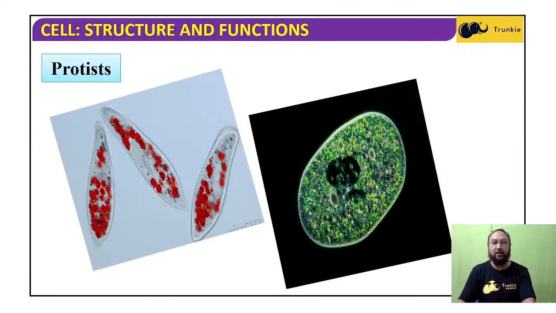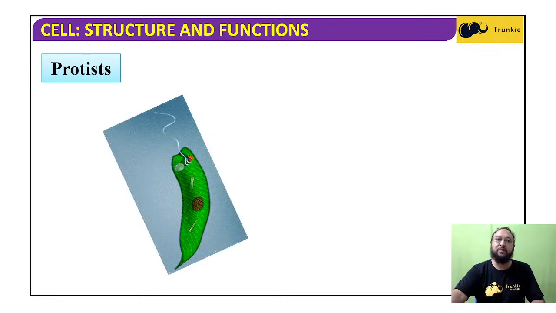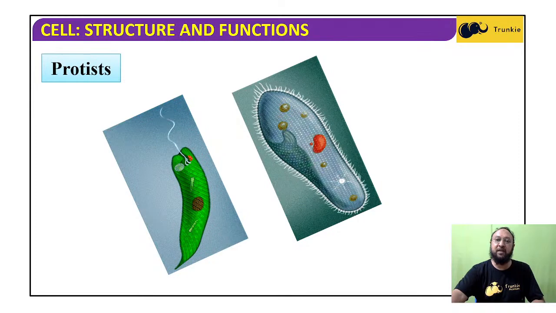Monera unicellular but prokaryotic; Protista unicellular but eukaryotic, like euglena, paramecium, plasmodium, amoeba, etc. This is the Euglena viridis, it has flagella. This is the paramecium.